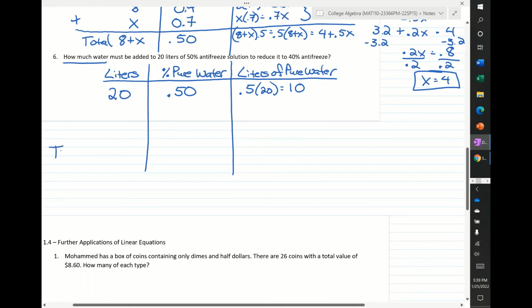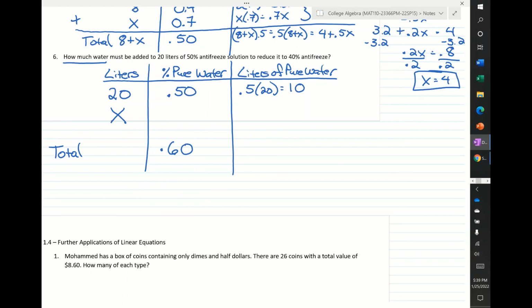The question is, how much pure water must be added so we get a total that's what percent pure water? It's 40% antifreeze, so how much percent would it be water? 60, right? But we have a few blanks we have to fill in. We're looking to pour in pure water. How many liters of pure water are we pouring in to get that 60% purity?